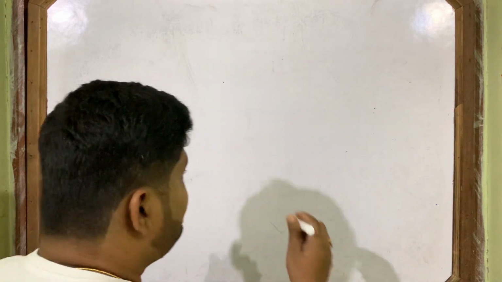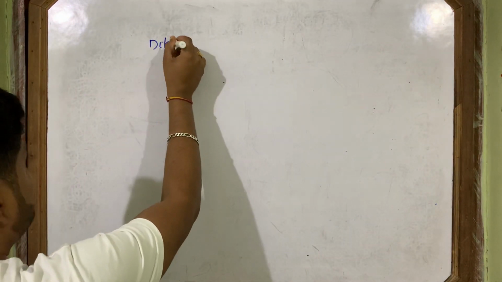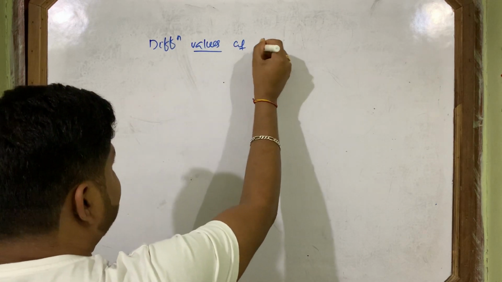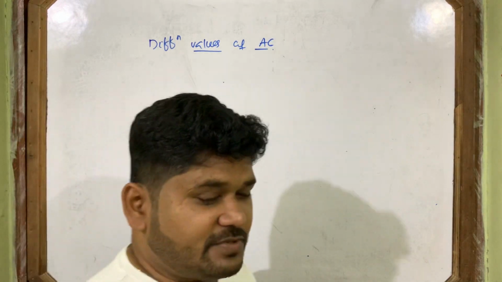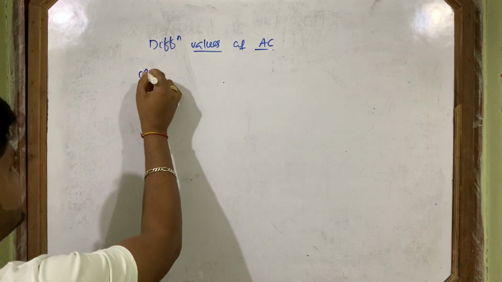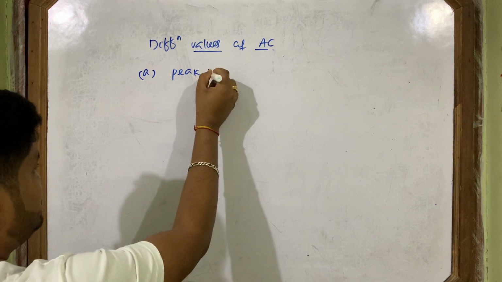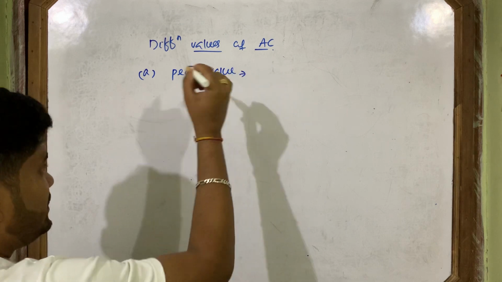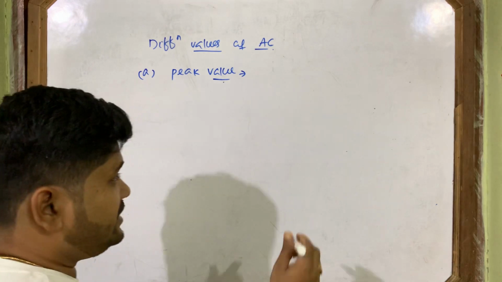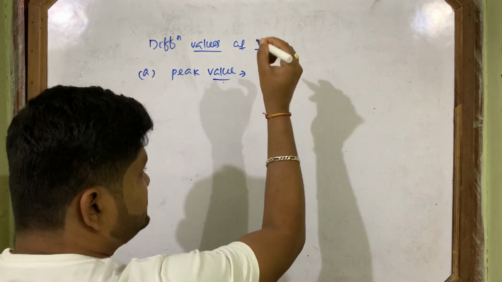What are the different values of alternating current? At least to get an idea how much current is passing, we'll discuss different values of AC. First we'll discuss its peak value, which is not required to discuss because I have already told you this peak value, that is I naught.